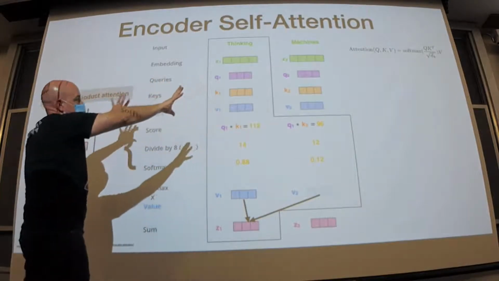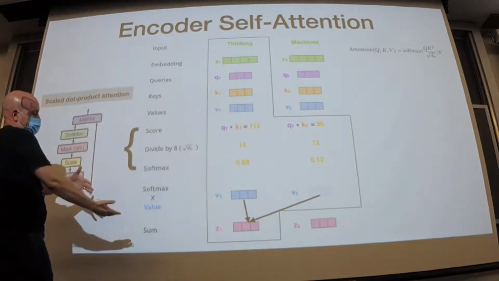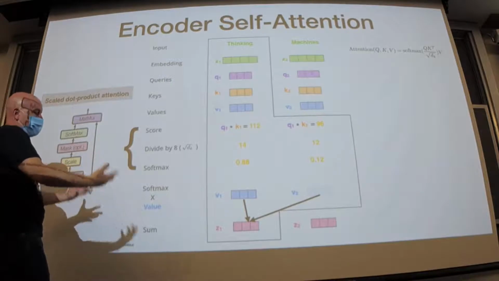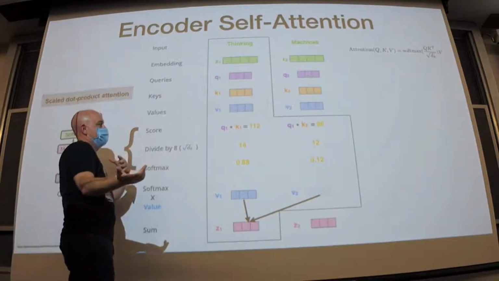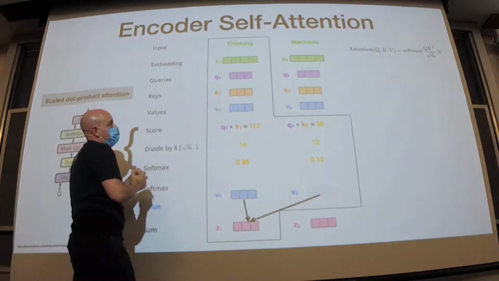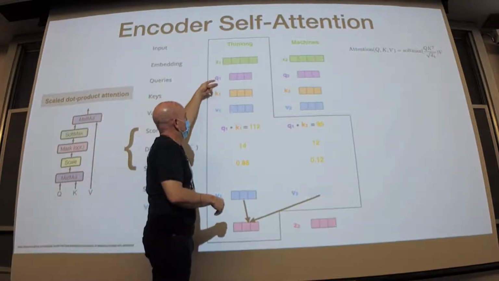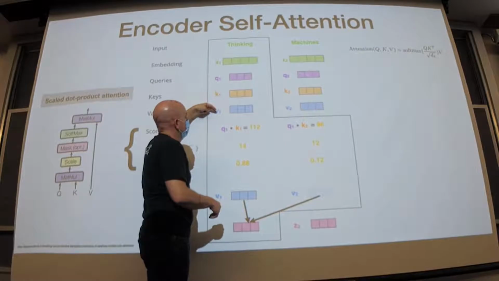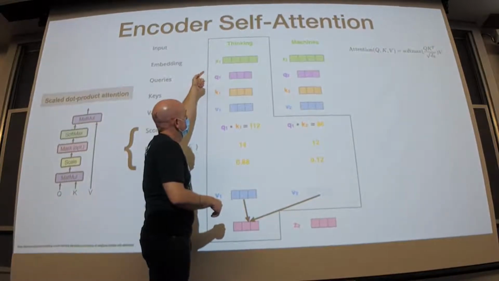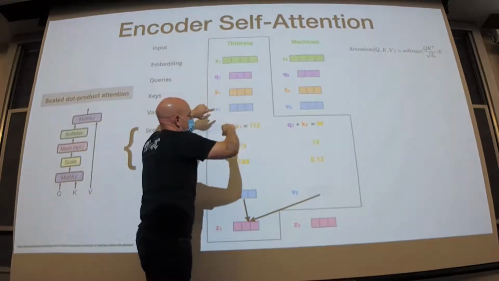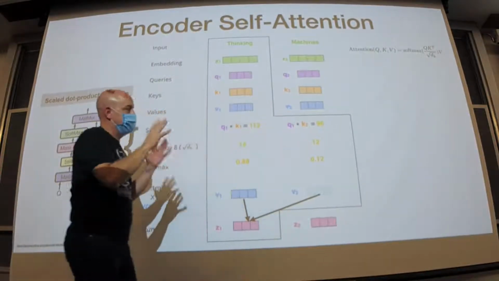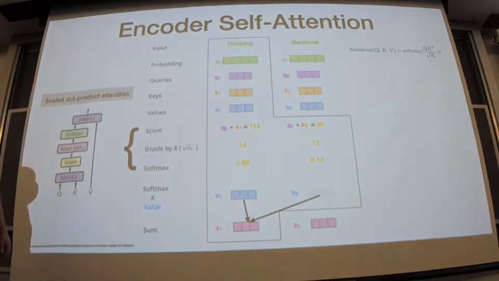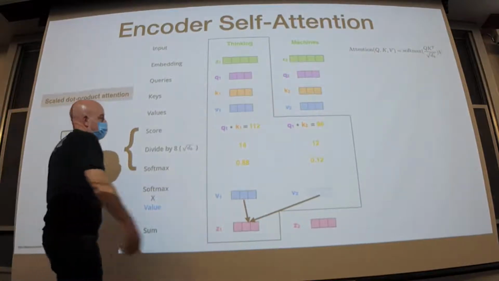So once we've done all that, how do we get the output from this attention head? We do exactly what we've been saying. We derive the Q, the K, and the V from our input x1 times those parameter matrices. We take a dot product with them. We might get something like 112. Again, these are made up numbers just to make things simple.